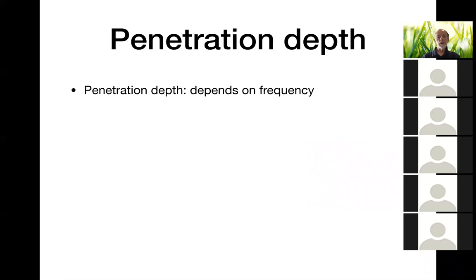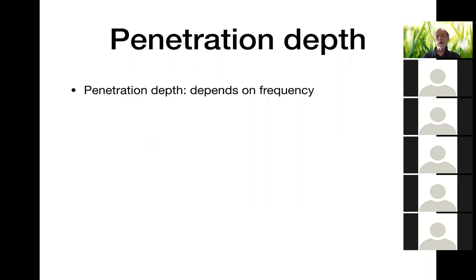And it turns out that the penetration depth, the term that we use, depends on frequency. Now, what we mean by penetration depth is that's the maximum depth to which we can scan. Echoes from deeper tissues won't be seen or won't be seen comprehensively, and so we can only scan to the limits of the penetration depth.